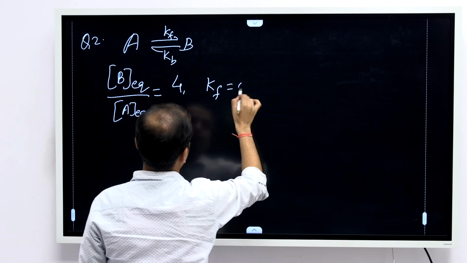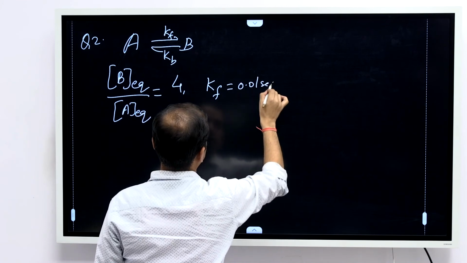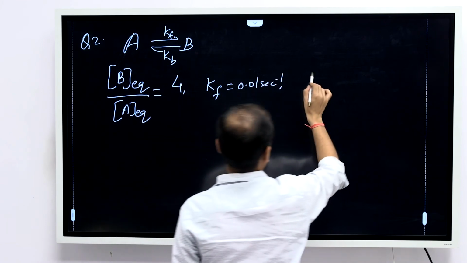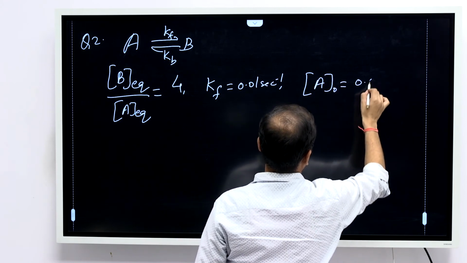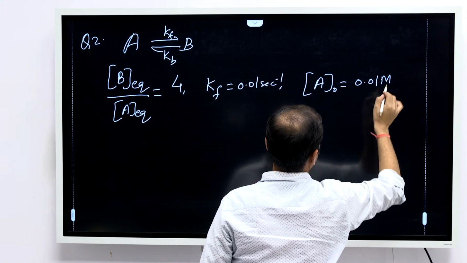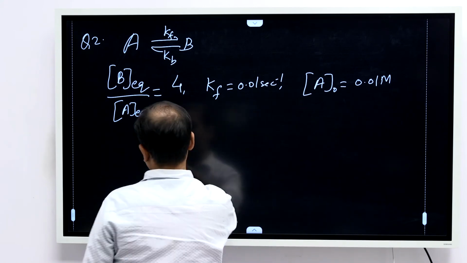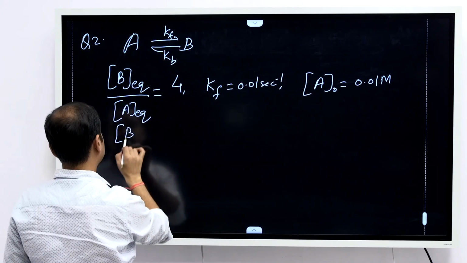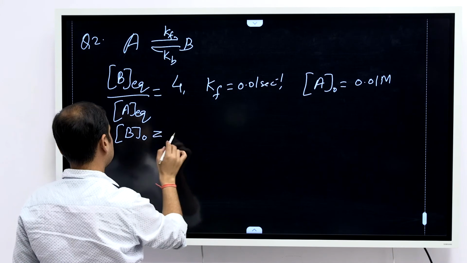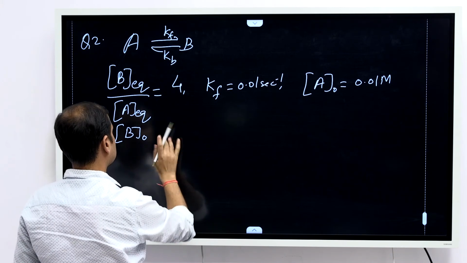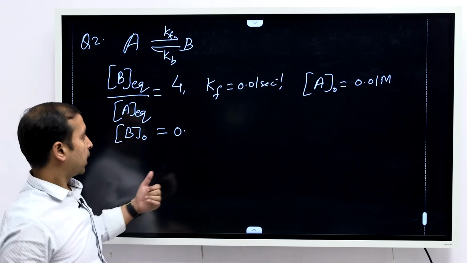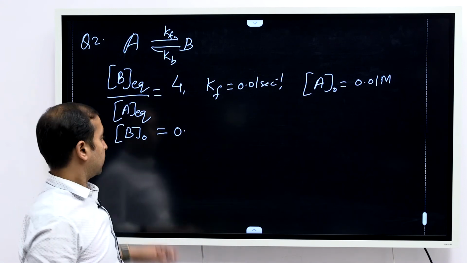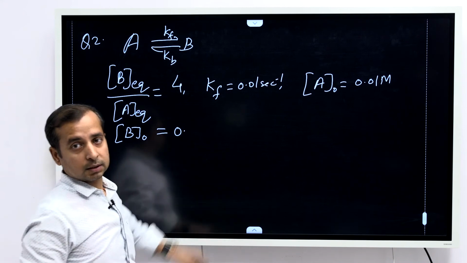Kf is equal to 0.01 second inverse. Initial concentration of A is 0.01 molar and initial concentration of B is 0. Now we have to find the amount of B formed after 30 seconds.